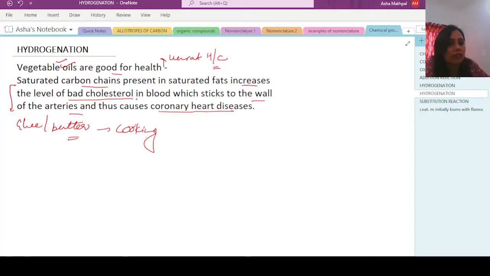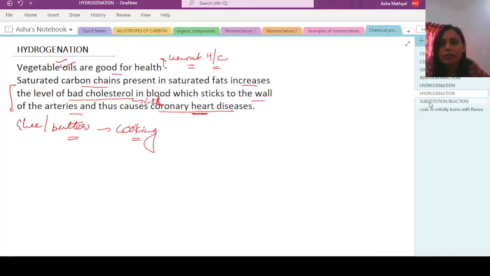That is why saturated fat should not be eaten in a very large amount. It should be eaten in a limited amount. Second, it should not be used for cooking purposes. Cooking can be done with unsaturated vegetable oil of your choice.